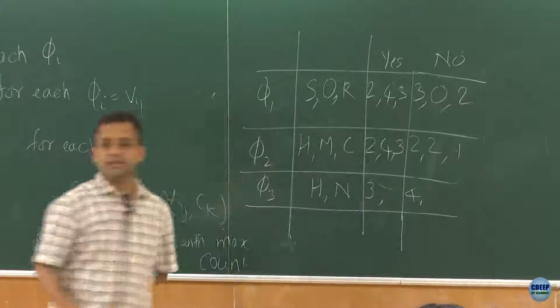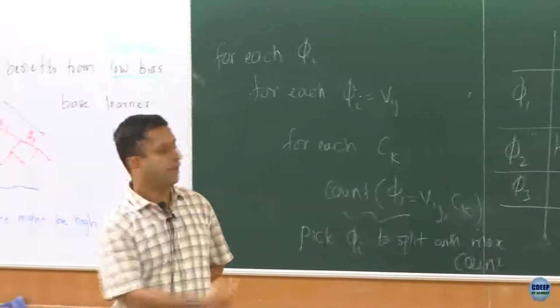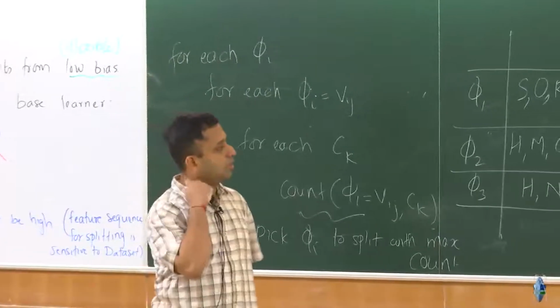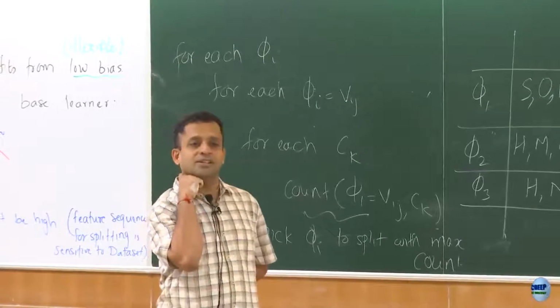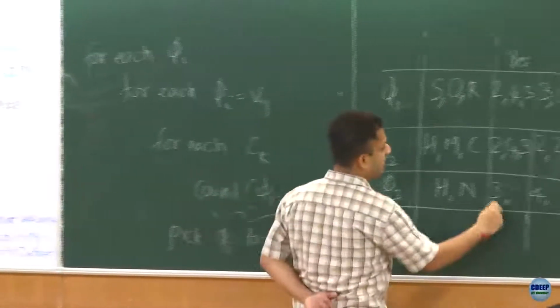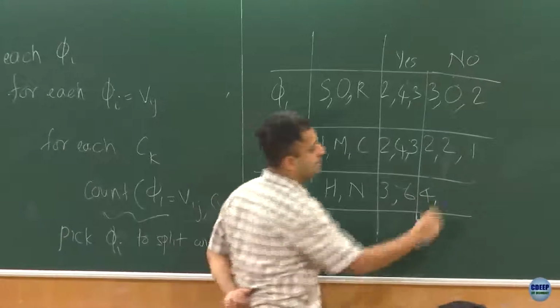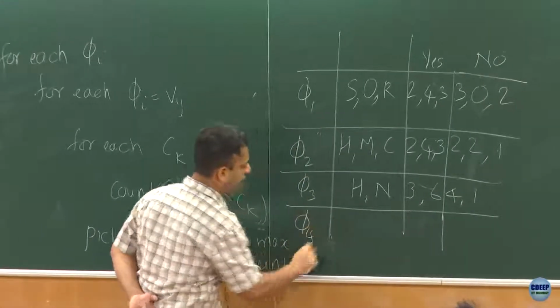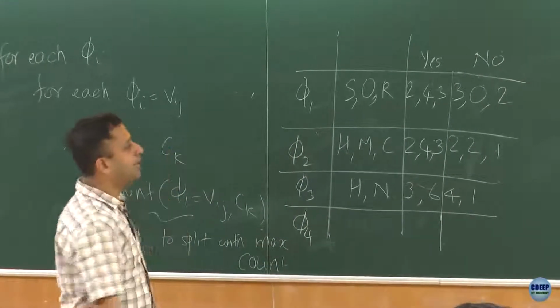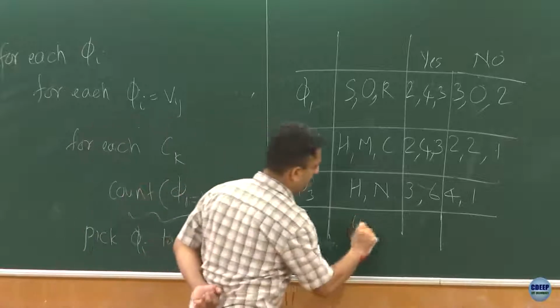Okay. I'll just trust your count. And with normal humidity, 6 times played, and then phi 4 finally. What is that? Wind, weak and strong.